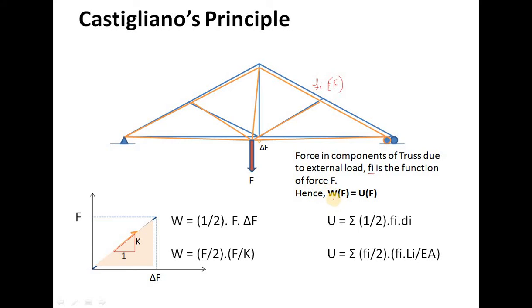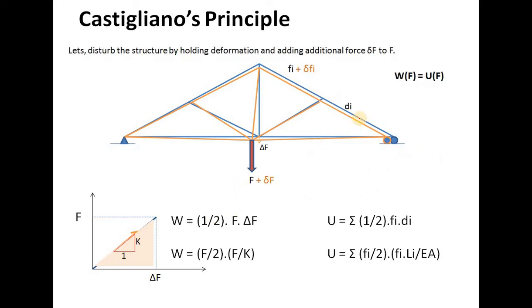Hence what I can say is the external work done is also a function of force F, and the strain energy stored in the structure is also a function of force F, because the member forces are a function of force F.